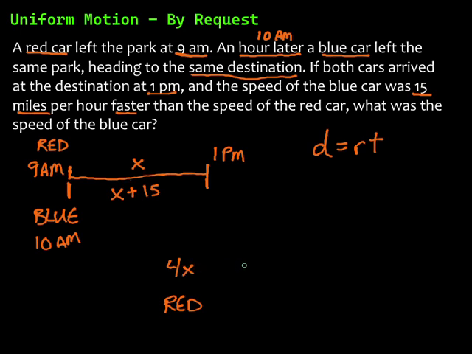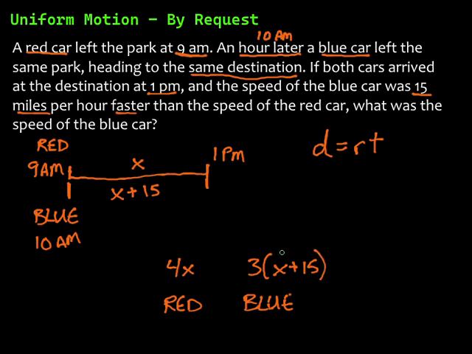And then the blue car is going to travel. They're going faster, X plus 15, and they're traveling for 1 less hour. So the blue car is only traveling for 3 hours, and they are going X plus 15 miles per hour.